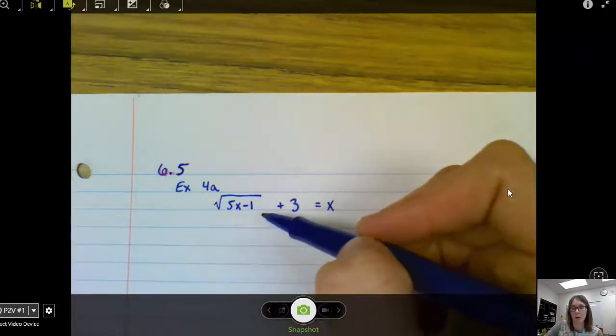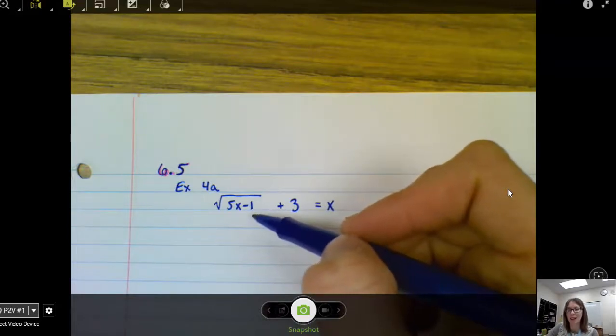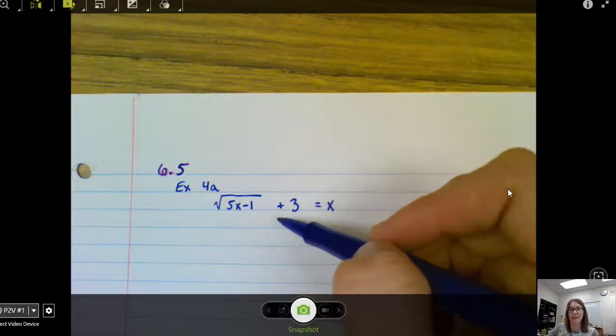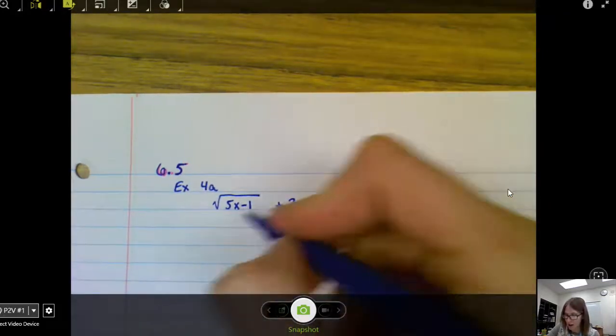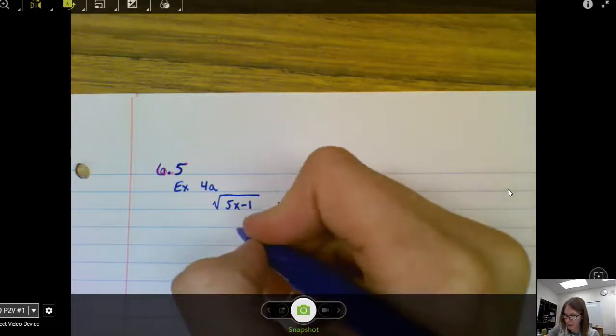Similar idea as before. I need to get rid of that square root first by getting the square root by itself and then squaring both sides. So in this case, I have to subtract 3.